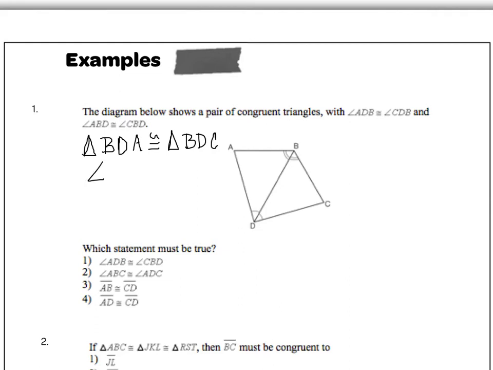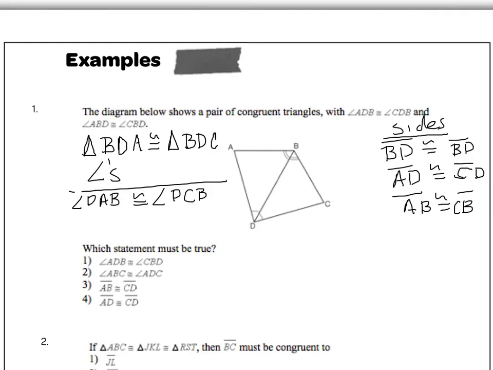So let's do that. Here we have all the statements that are going to be true. All the angle statements, well, two of the angle statements are already given, so I didn't write those again. But here's the third one, which says that angle DAB, and here it is, 3 markings there, is congruent to angle DCB. And from that, I was able to make my corresponding statements with the sides.